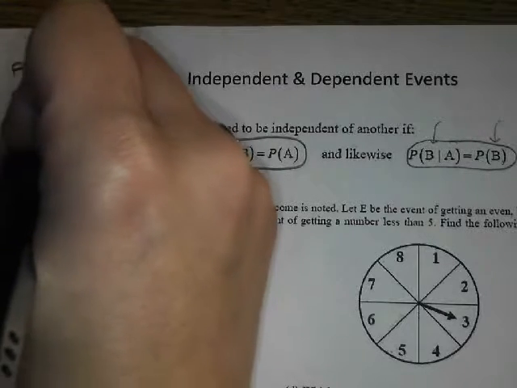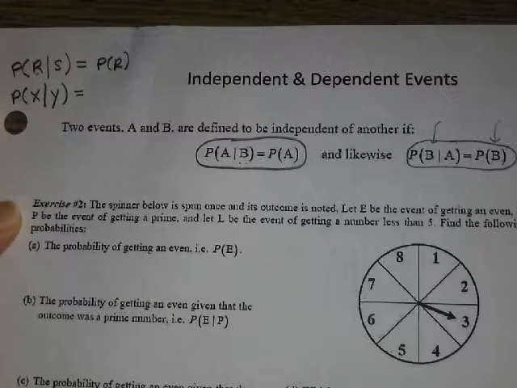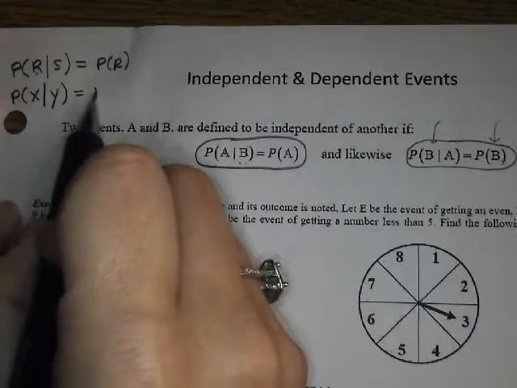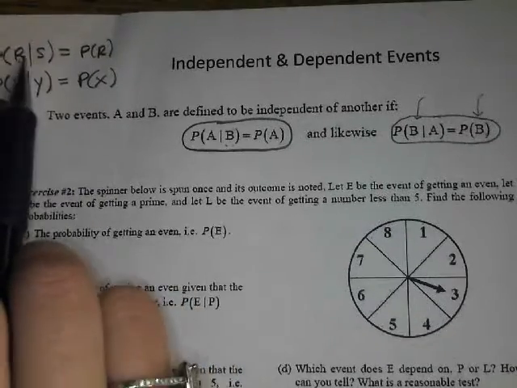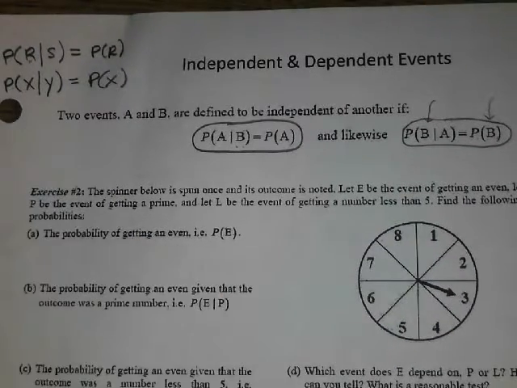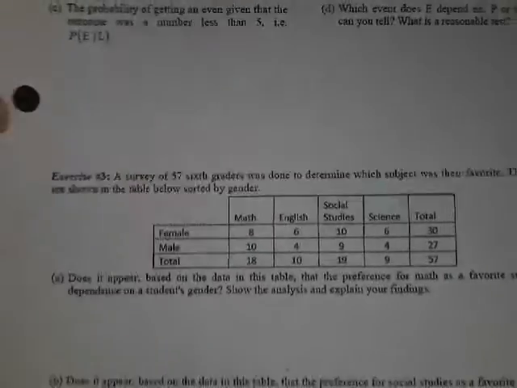If I have the probability of X given Y, if it's going to be independent, what does that have to equal? Probability of X, correct, yep. So as long as that first letter is the one that's all by itself, you can do it in any order, okay?